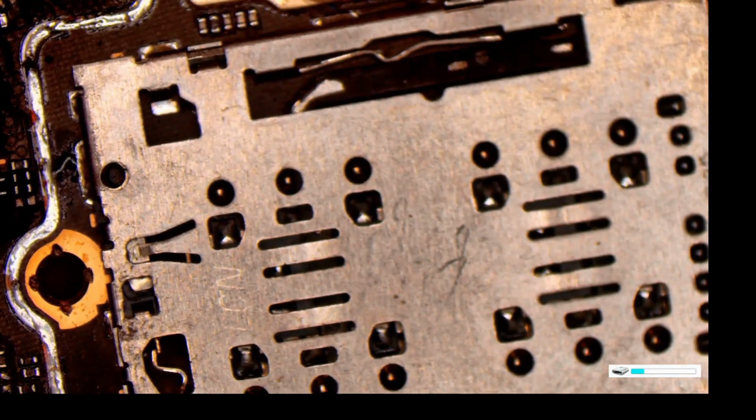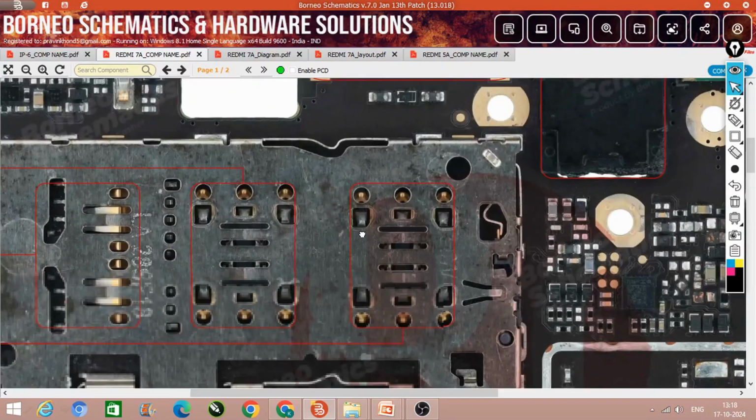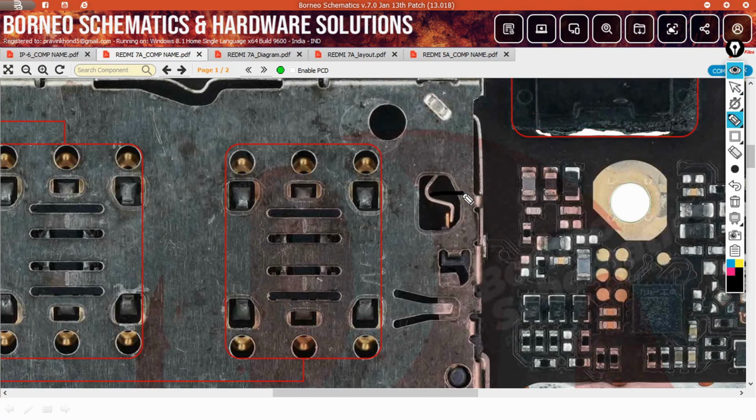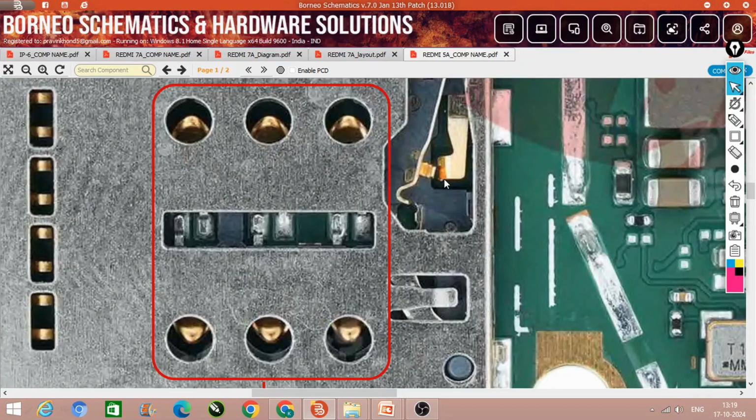Now let's get back to the first. You will understand this. The same method is on this diagram also, right? When you insert the SIM, this pin pushes back and separates these two pins. Clear? Now next you will see a second.